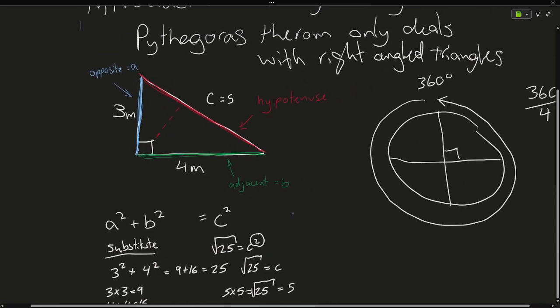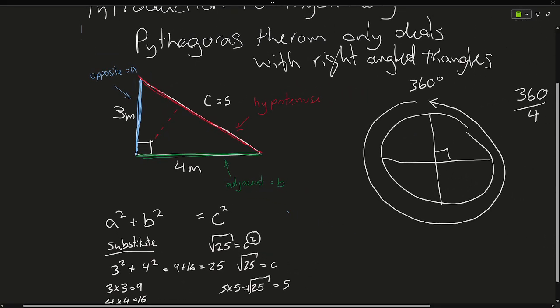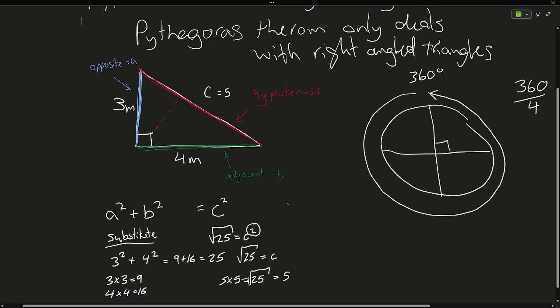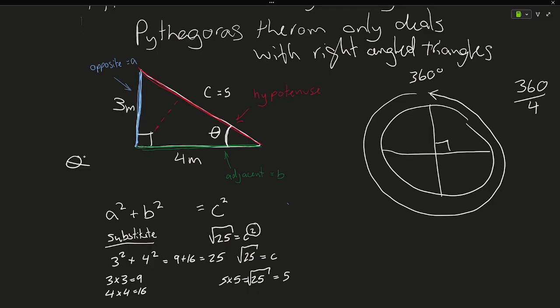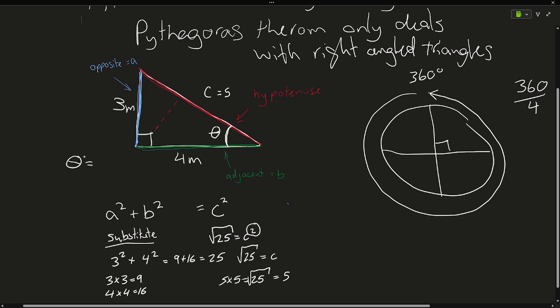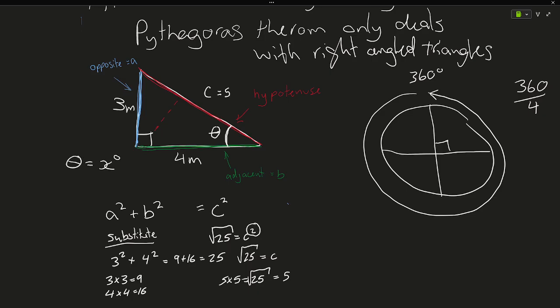And just to briefly introduce trigonometry, in a right angled triangle, you will have an angle, theta. Theta could equal any, let's say, x degrees.